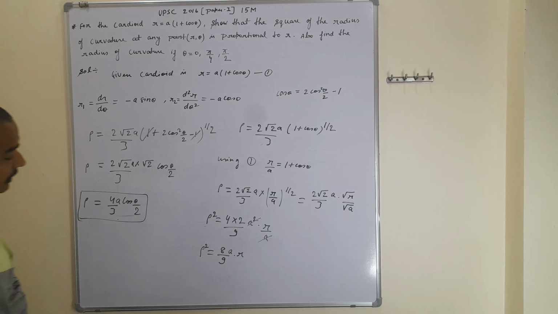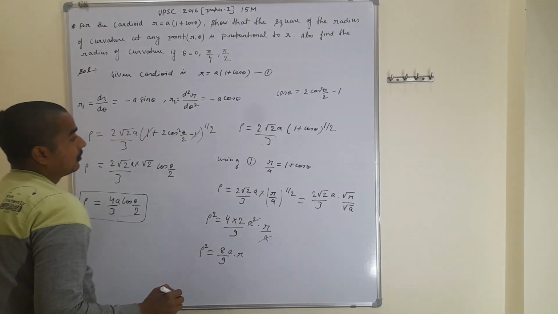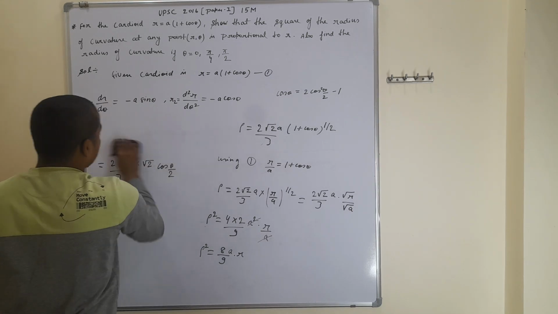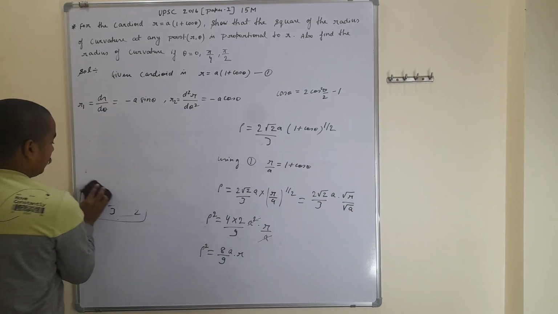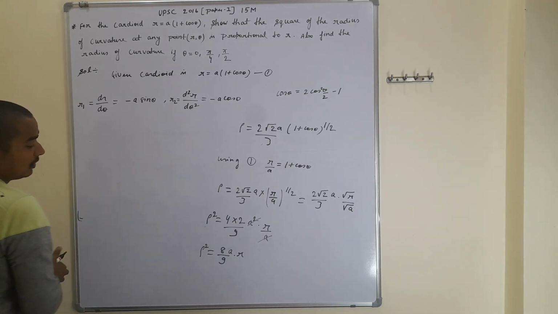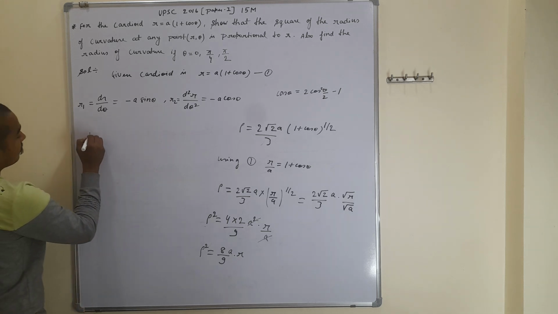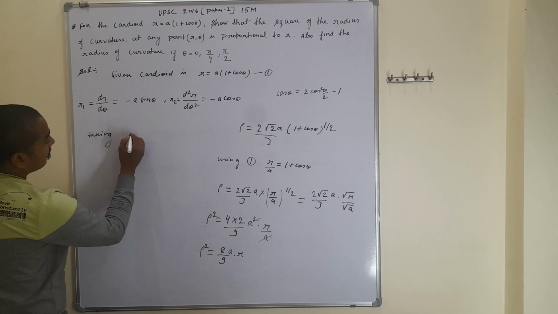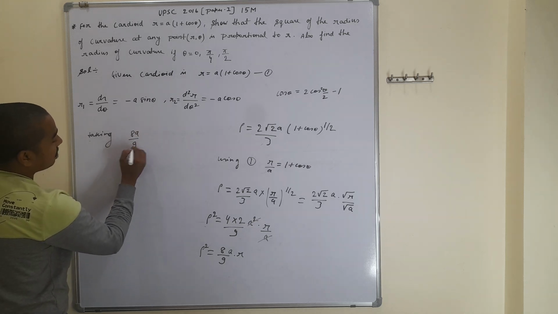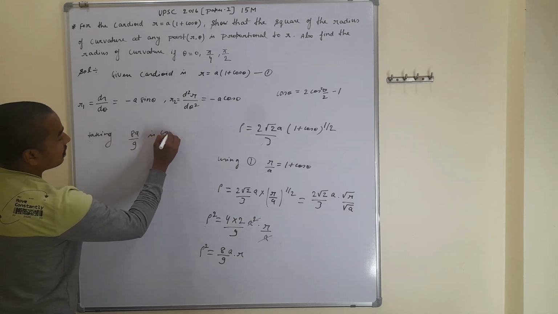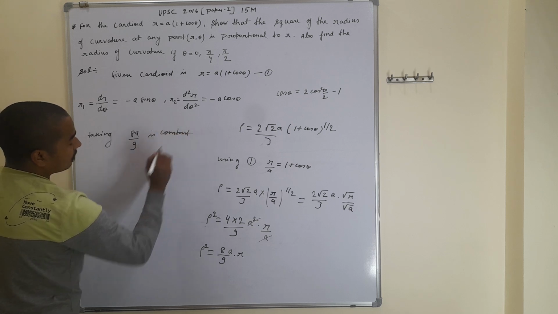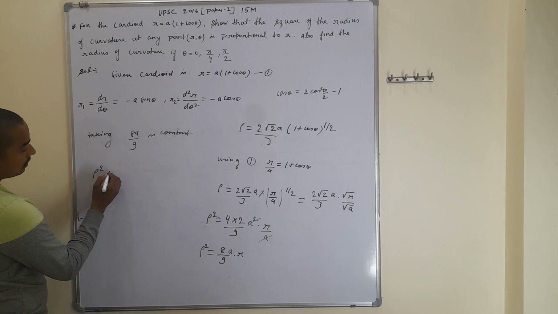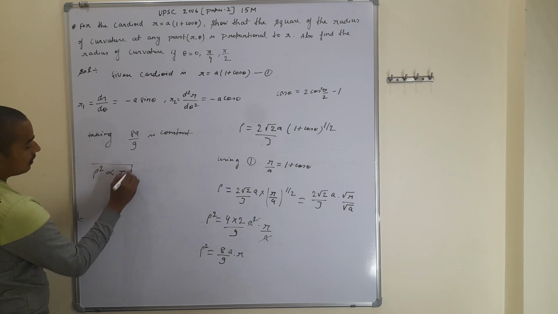Taking 8a upon 9 as constant, rho square is directly proportional to r.